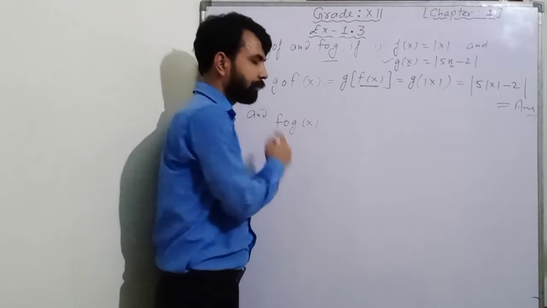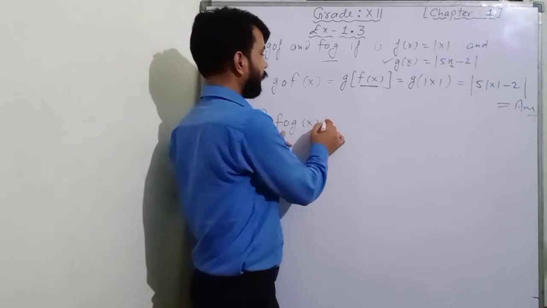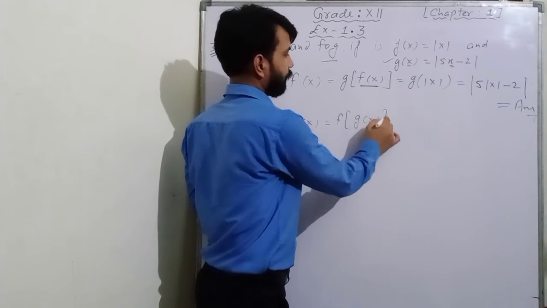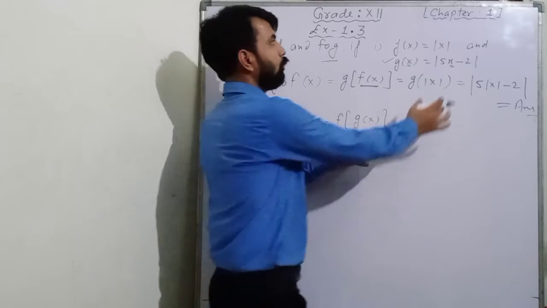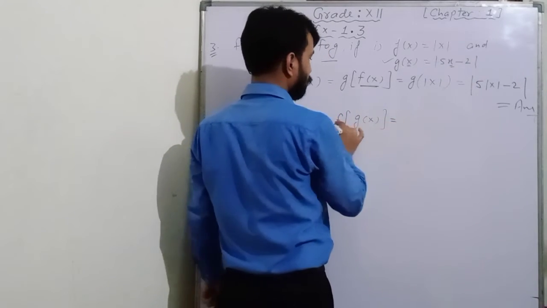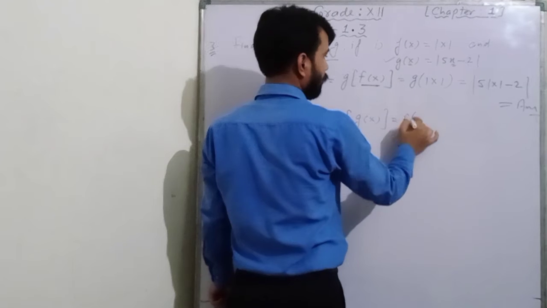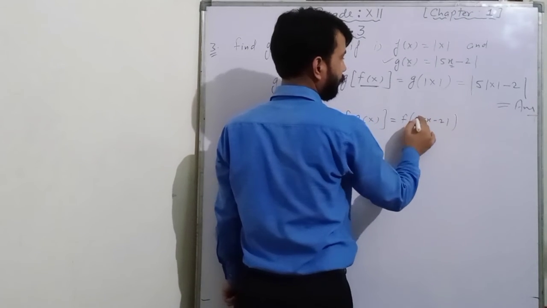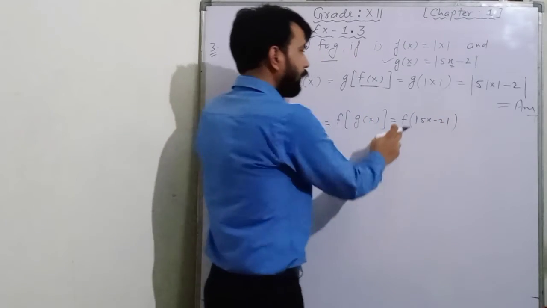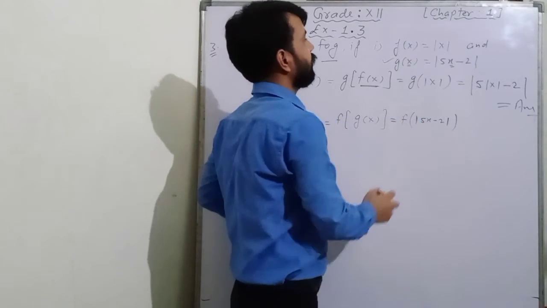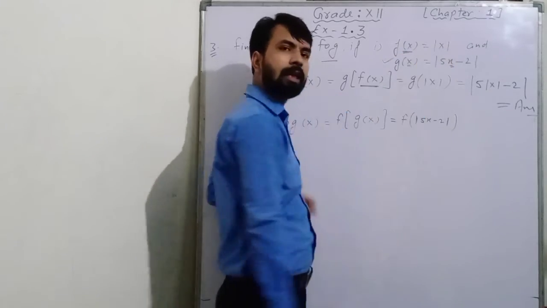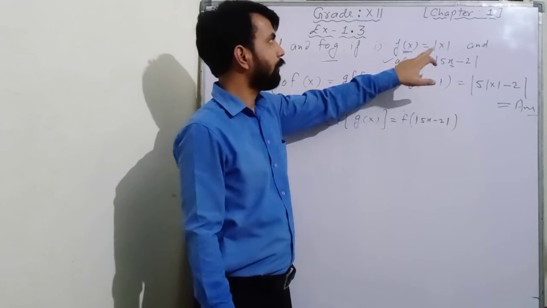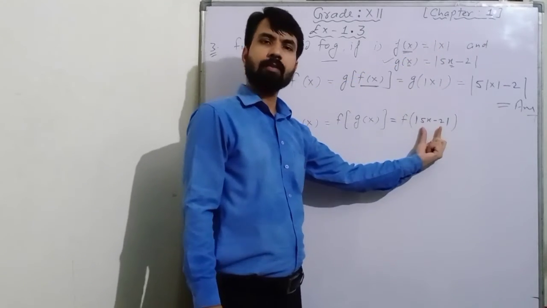Now we will have to find f o g of x. Now in place of o we can substitute a square bracket, g(x). Now the value of g(x) is mod 5x minus 2. So f will remain same, of mod 5x minus 2. Now we have to find f of mod 5x minus 2. Beta f(x), its value is modulus x, but in place of this x there is modulus 5x minus 2. So wherever x is here, we can substitute this value.